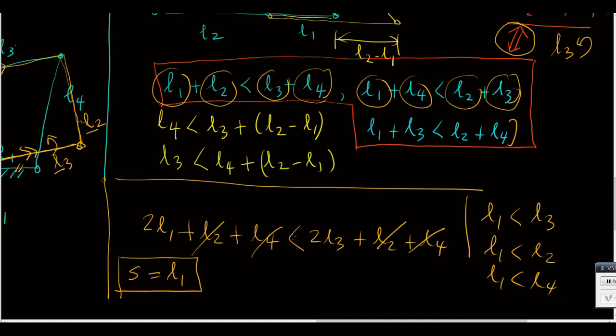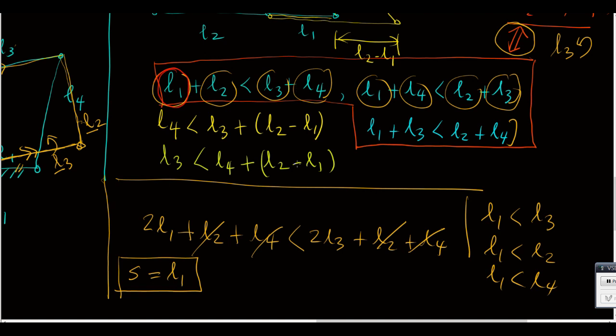Alright. Now we come here again to these inequalities and we say L1 is the shortest link here now, right? So now L1 plus L2 is less than the sum of the other two, L1 plus L3 is less than the sum of the other two, L1 plus L4 is less than the sum of the other two. Now out of L2, L3 and L4, one is the longest possible link in the mechanism.